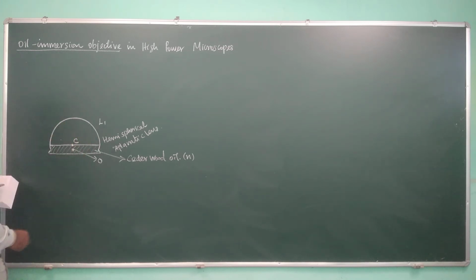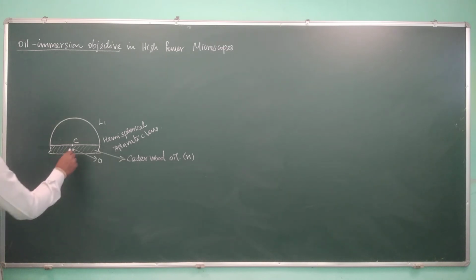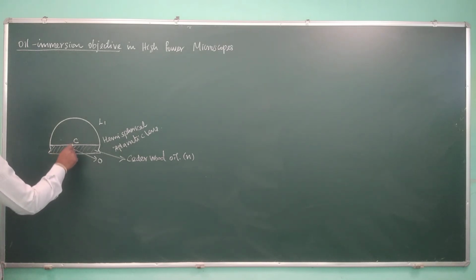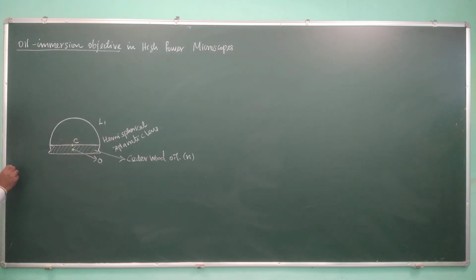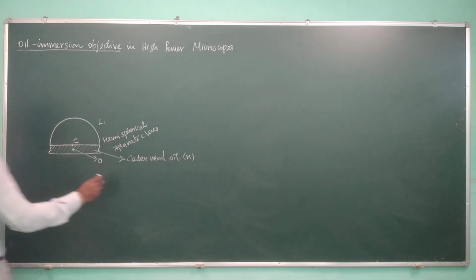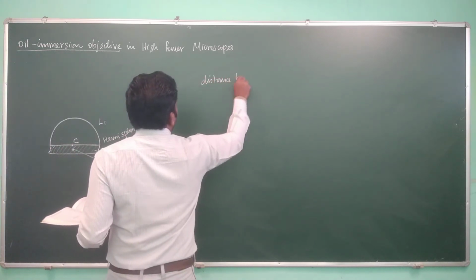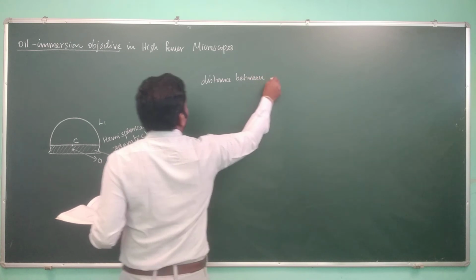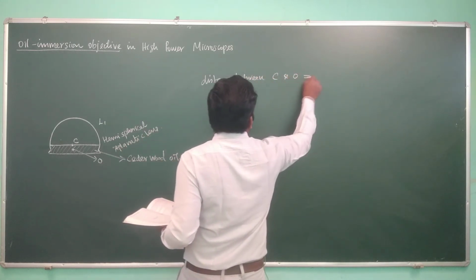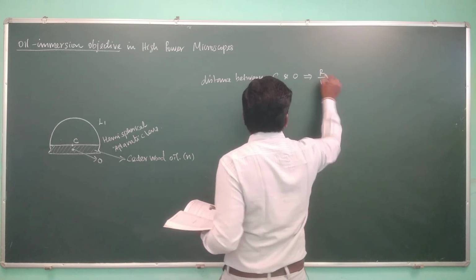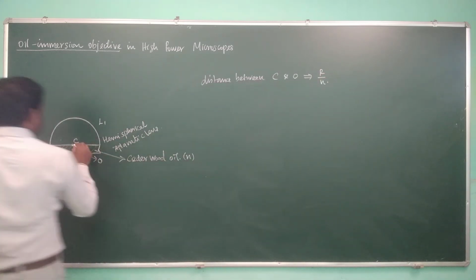Now let us make the adjustment in such a way that the distance between C and O is R by N, where N is the refractive index and R is the radius of curvature.